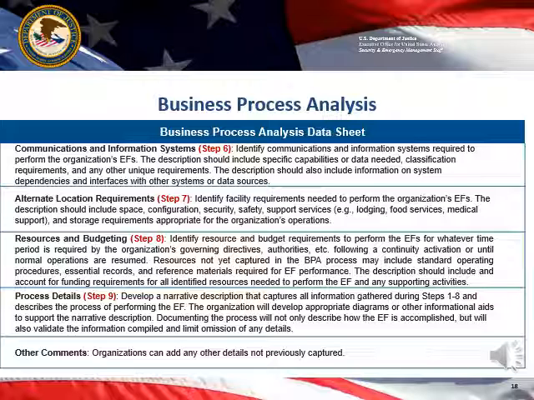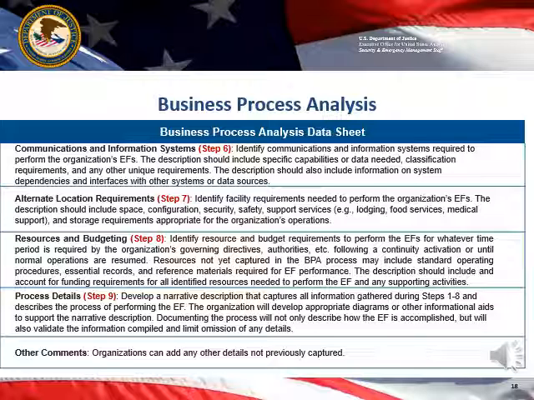Step 7 identifies facility requirements needed to perform the organization's mission essential function. The description must include space, configuration, security, safety, support services, for example, lodging, food services, medical support, and storage requirements appropriate for the organization's operations.